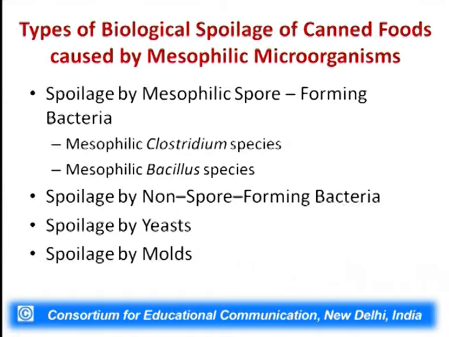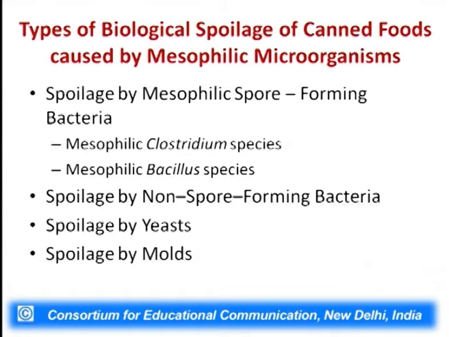Now, coming to the biological spoilage of canned foods caused by mesophilic microorganisms. So, spoilage by mesophilic spore forming bacteria include Mesophilic Clostridium species and Mesophilic Bacillus species.